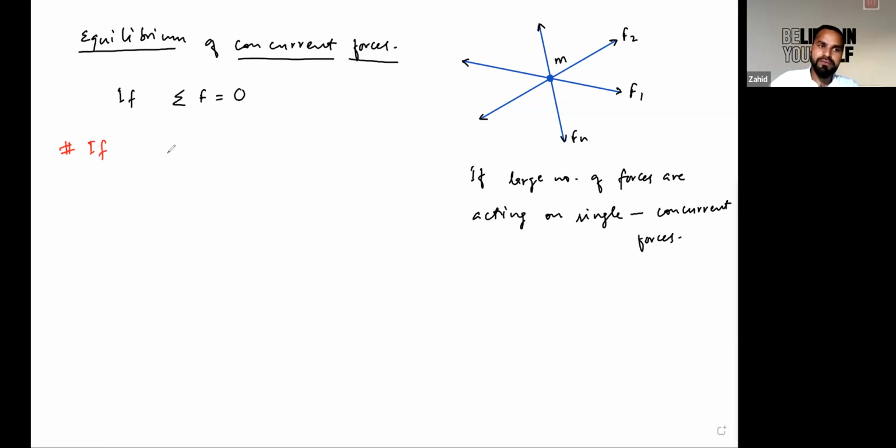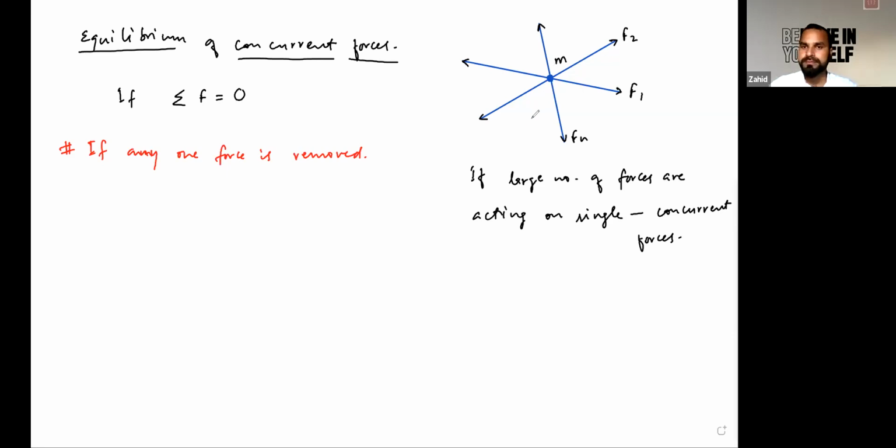Now, if any one force is removed, let's say F1, F2, Fn, any one force is removed, will there be any acceleration of this particular object or not?